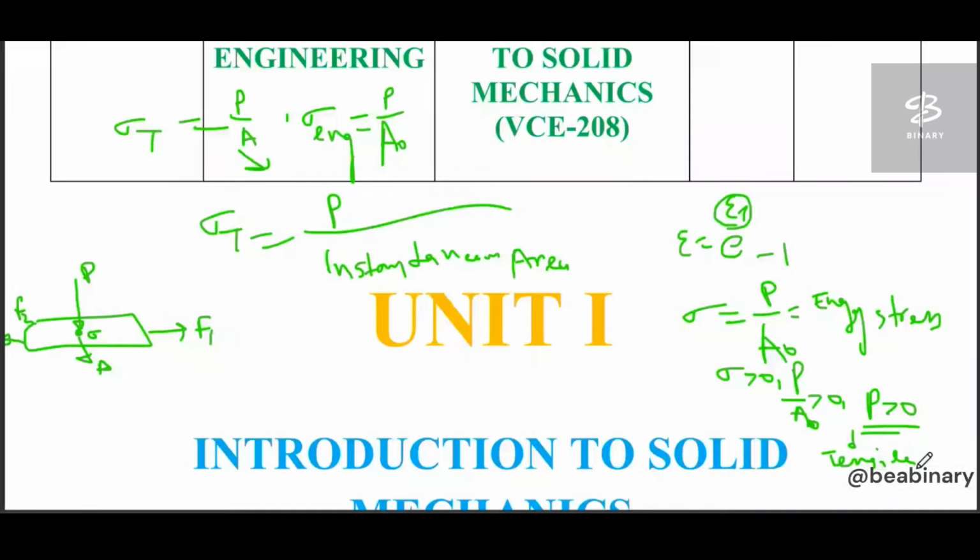Now we define here: the fibers of the component tend to elongate due to the external force. The component is made of an unlimited number of fibers. So the fibers of the component, or element, or the body, or the bar, tend to elongate due to external force.